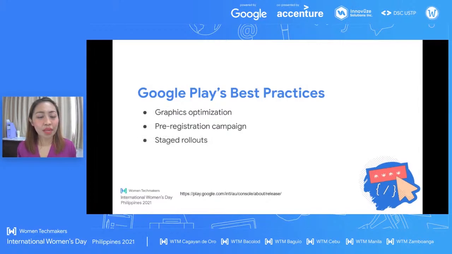Okay, they also recommend staged rollouts. So this one is very helpful, especially for updates in your app. For example, you have updates or the next version of your app, and then you can select a percentage of the population of your users who can receive that update.